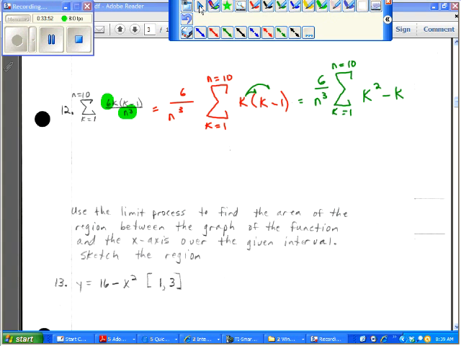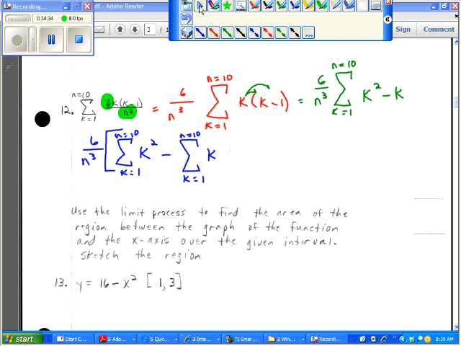So we're going to have 6 over n cubed times the sum as k runs from 1 to 10 of k squared minus the sum as k runs from 1 to 10 of k.